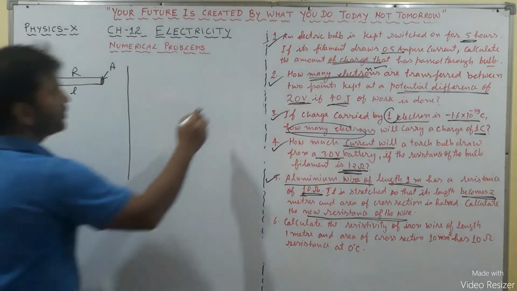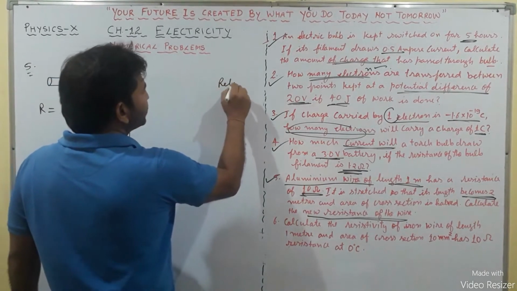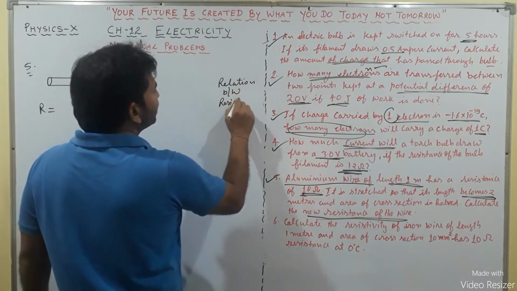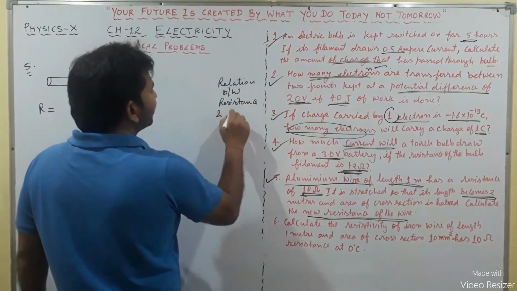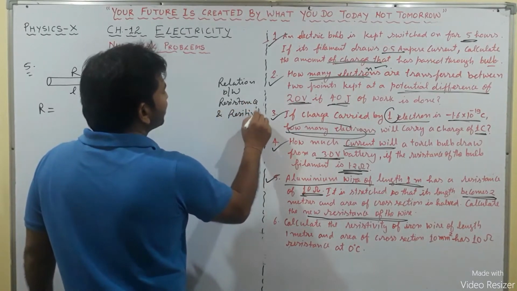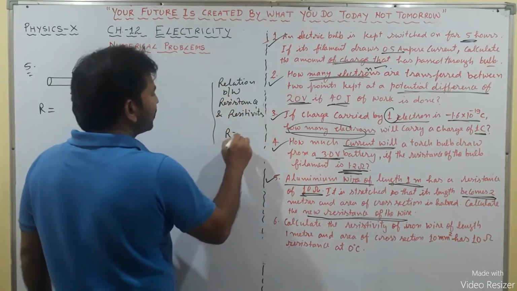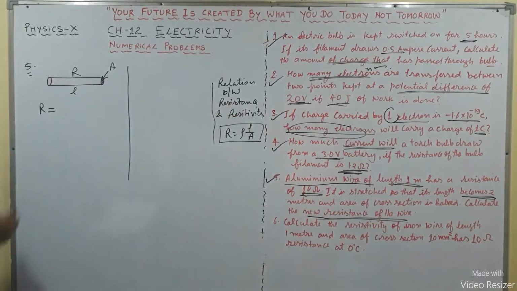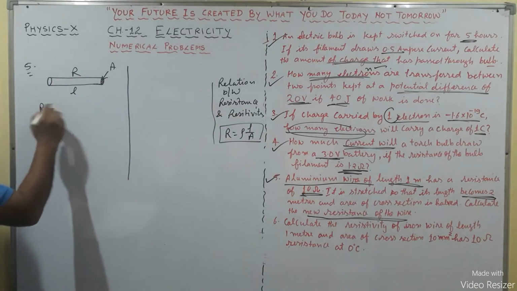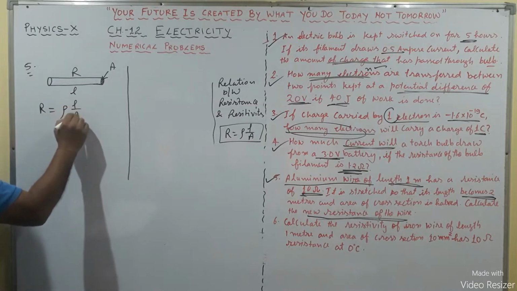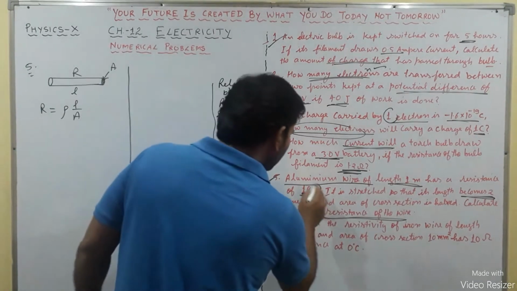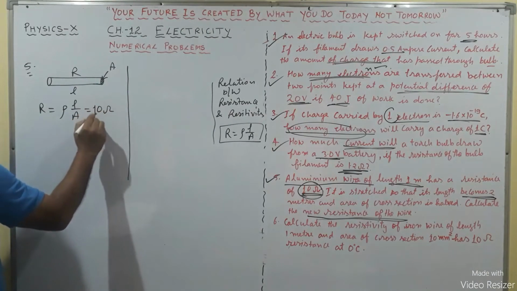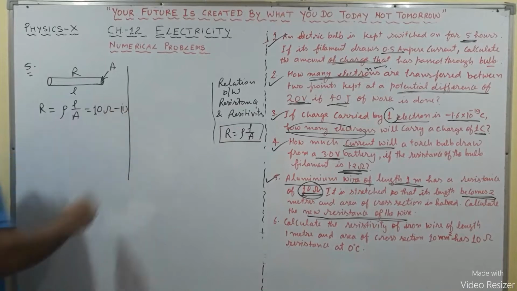R is equal to, here we will write the relation between resistance and resistivity, that is, the formula R is equal to rho L by A. This relation we will use here. So R is equal to rho L by A, and its value is given, that is 10 ohm. Make it relation number 1.